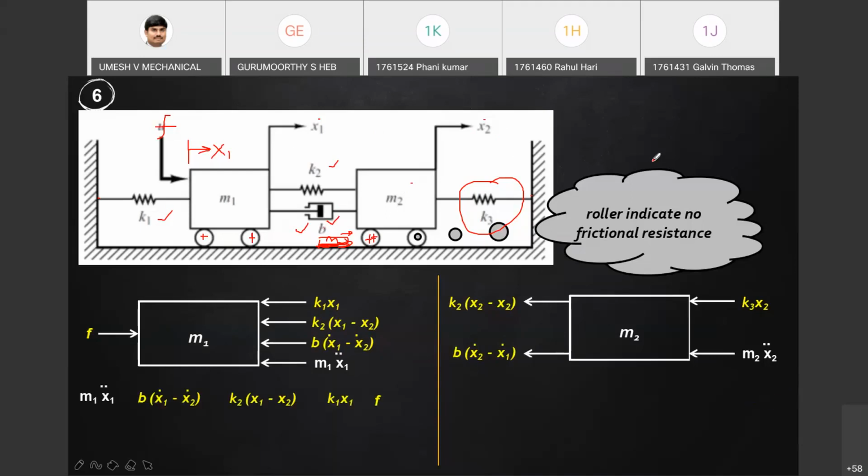So just a matter of writing different forces on the left hand side and right hand side depending upon their direction.